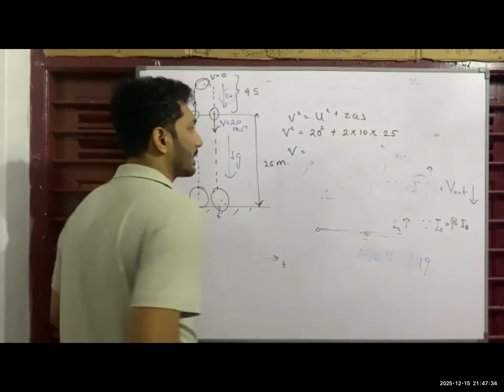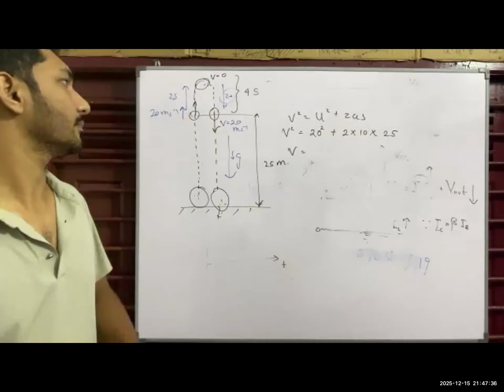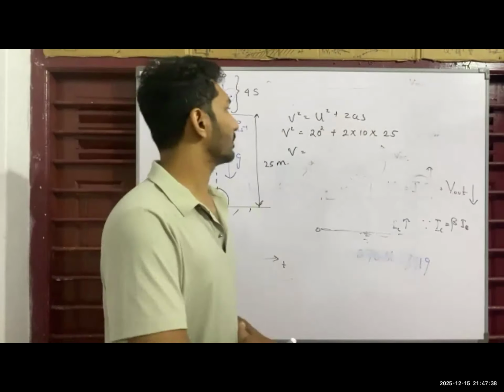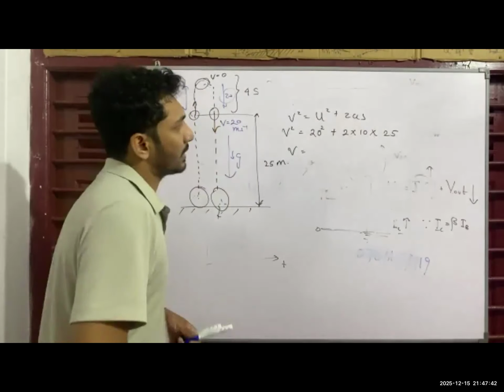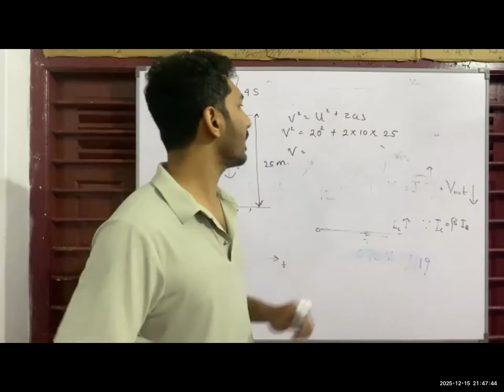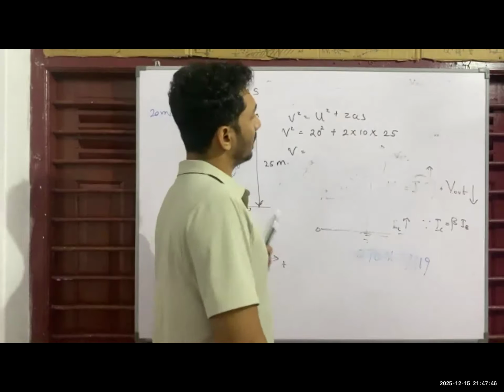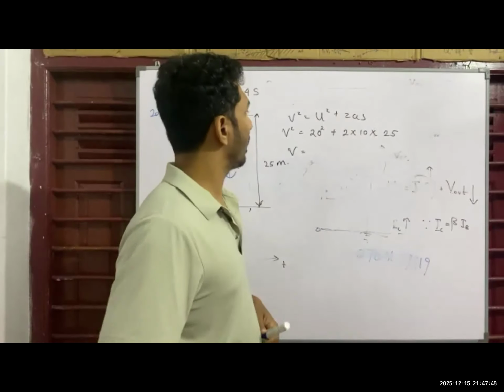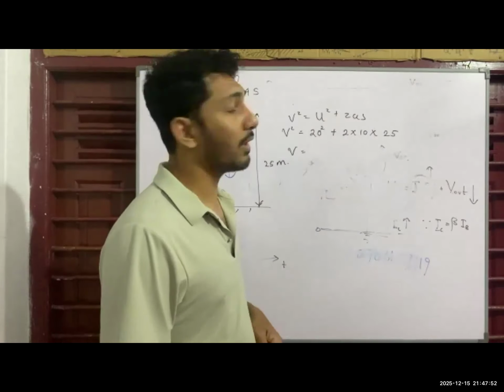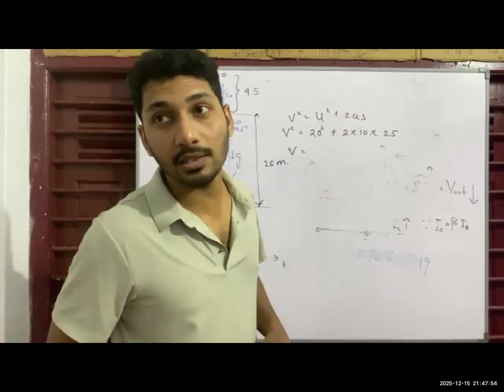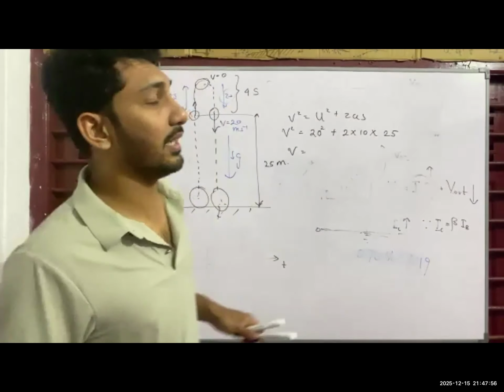So if you find out, it's the correct answer. It's 400. Is it? Yeah, 500, 400, 900. The square root of 900 is 30.